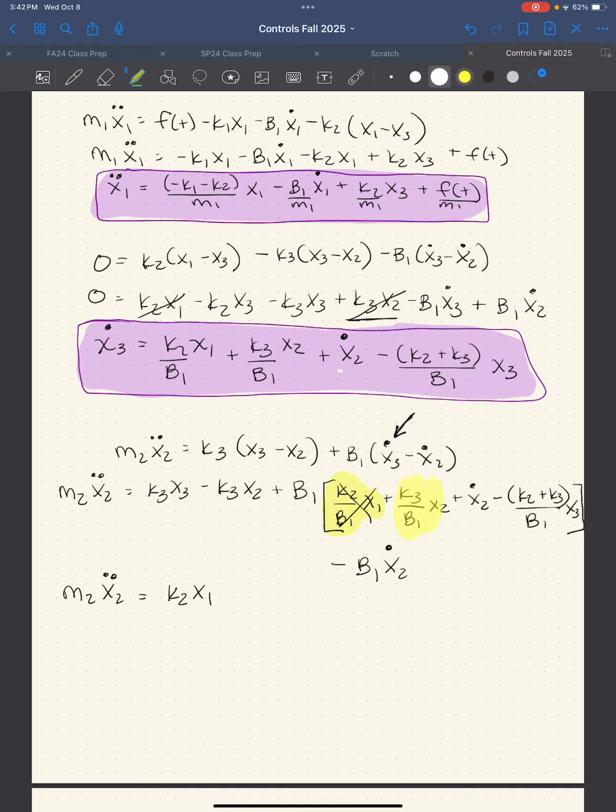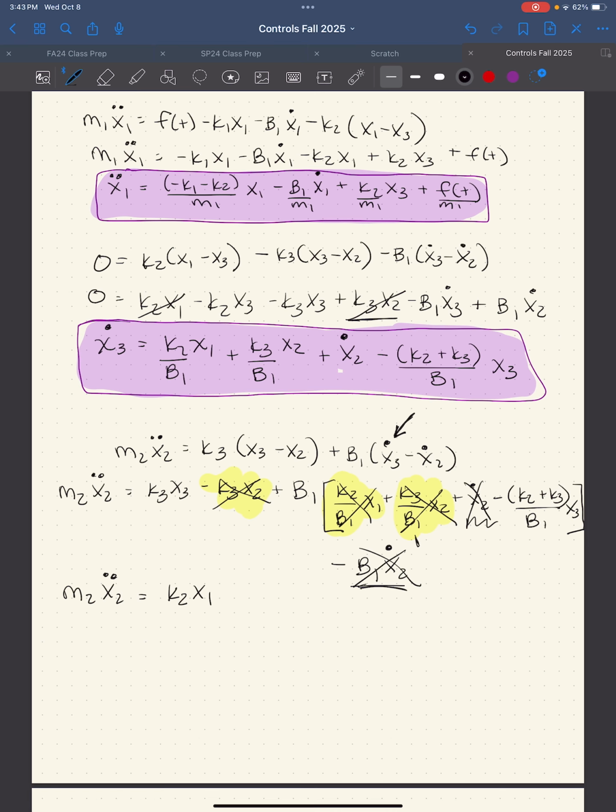So I see this one and this one. So again, the b1's going to cancel out here. So I should have minus k3 x2 plus k3 x2. So these terms actually cancel each other. Then I have an x2 dot here. So it'll be b1 x2 dot. But then I also have a minus b1 x2 dot. So this term and this term cancel each other.